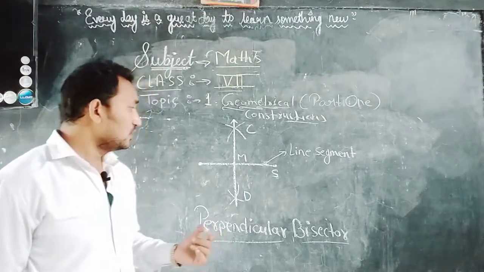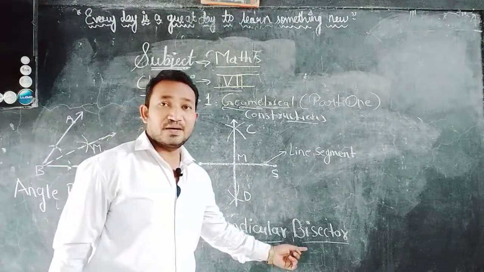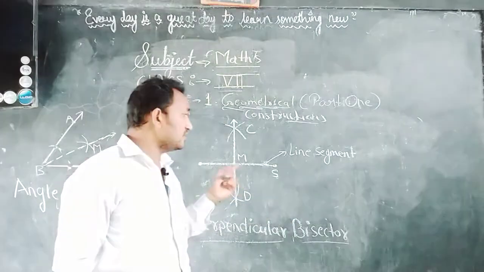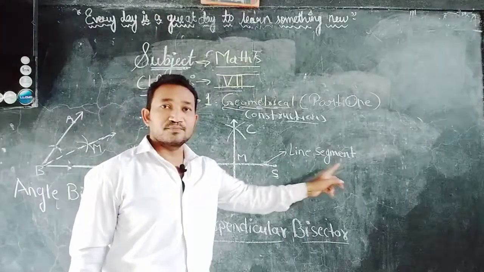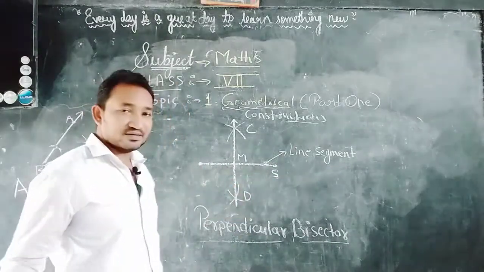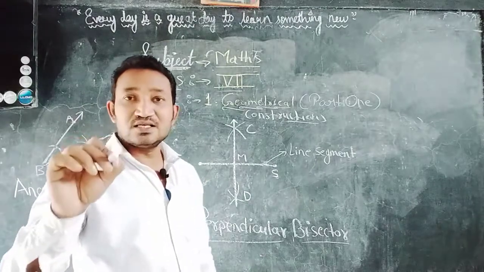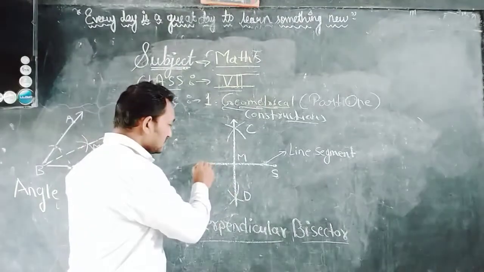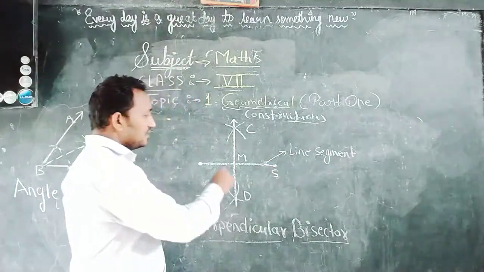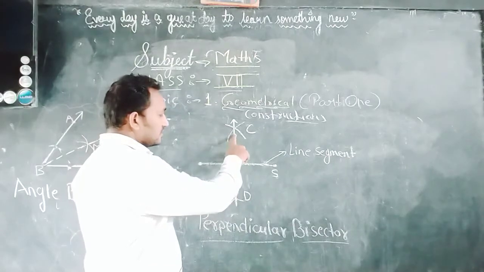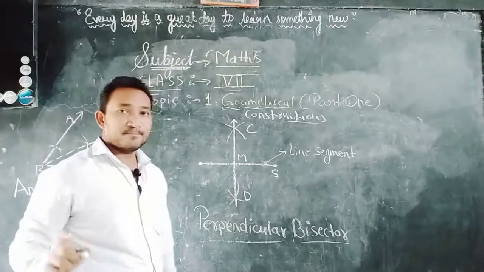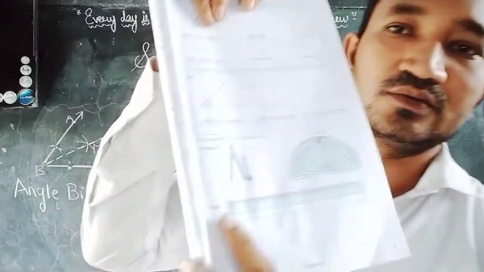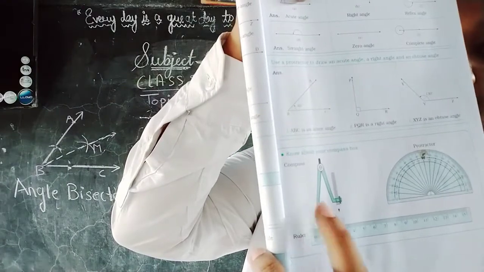Now let's look at the perpendicular bisector. For making a perpendicular bisector, a line segment is drawn. This is a line segment, as you have already seen in your previous class. You have to make the perpendicular bisector by using this compass.